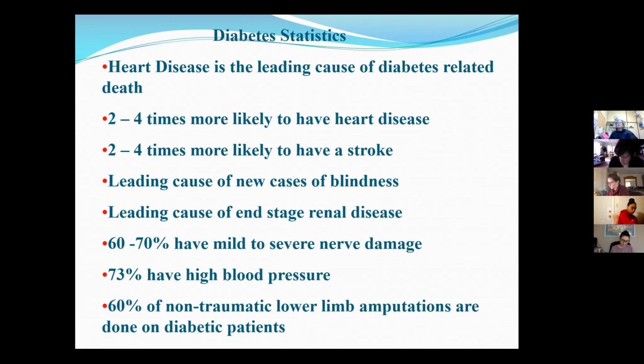Additionally, because diabetes is not just a disorder affecting blood glucose, metabolically, diabetics are also going to have elevated blood lipids or blood fats, and the combination of high blood pressure and high blood lipids is what contributes overall to the vascular damage that's done over time.